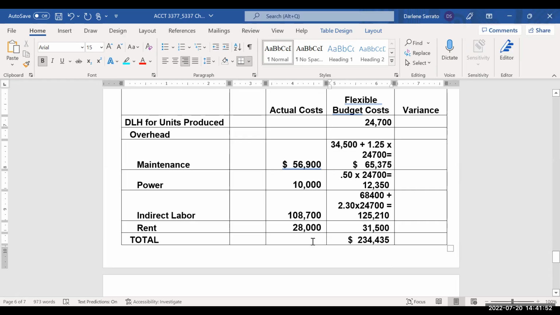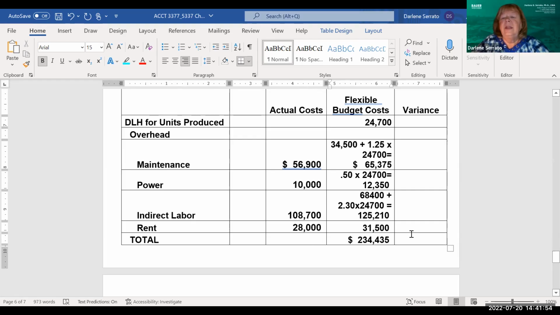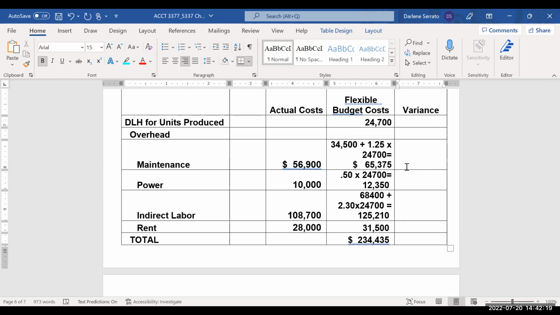Okay. Now we need to calculate the variances. Oh boy, what a difference. So 56,900 minus 65,375 gives you what? $8,475.